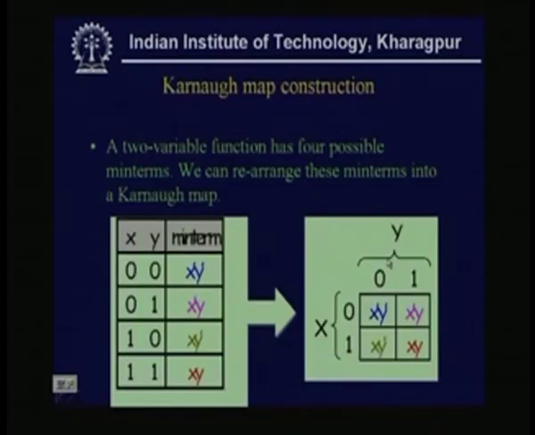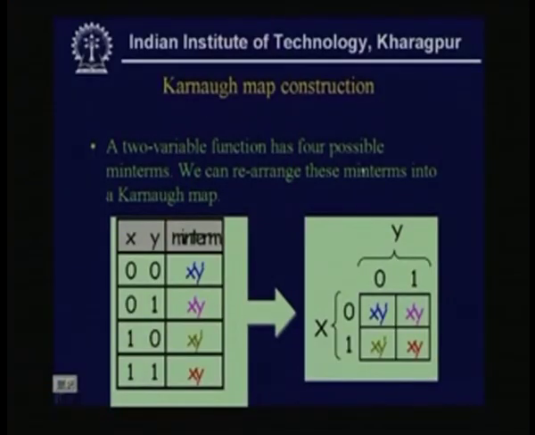So, now we see how we can construct the Karnaugh map, because we defined that this is a graphical representation where we can put the Boolean expression if the expression is represented as a sum of minterms. So, a 2 variable function has 4 possible minterms: x bar y bar, x bar y, x y bar, x y. Now, we can rearrange these minterms into a Karnaugh map.